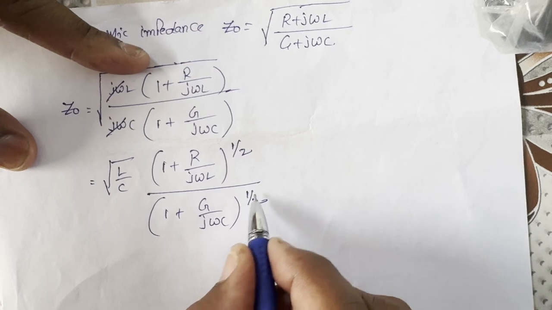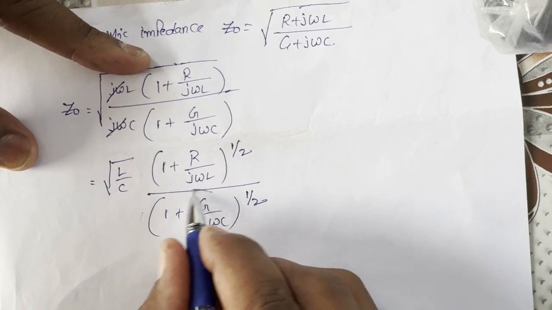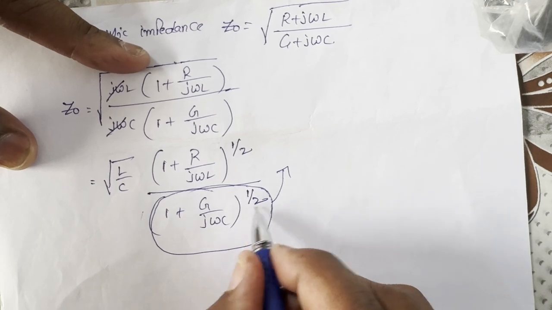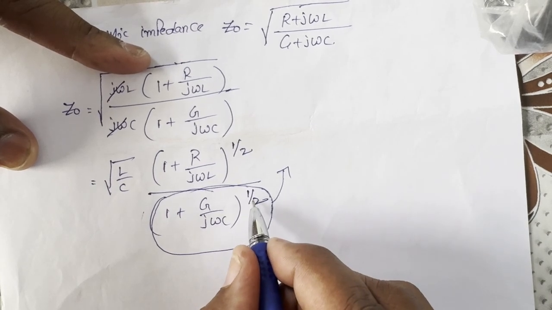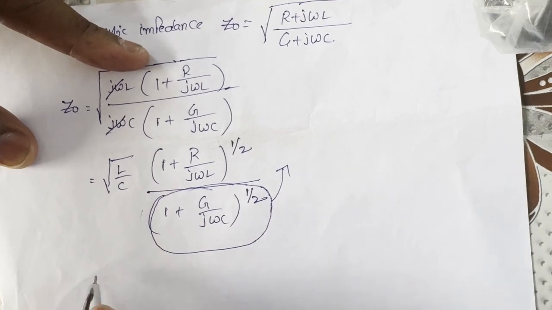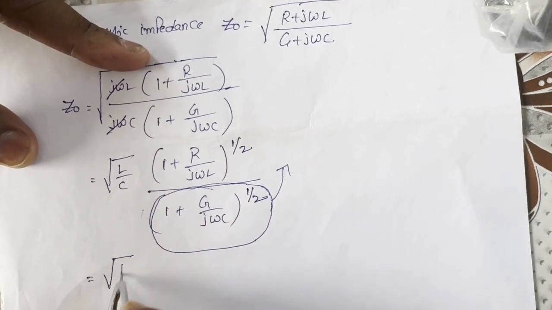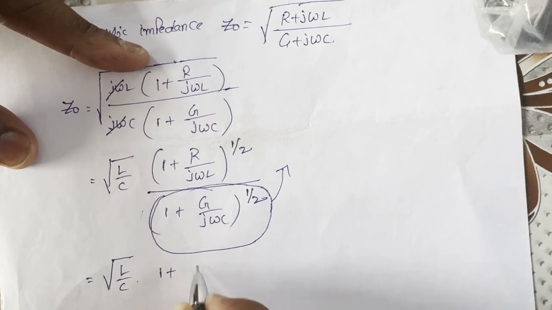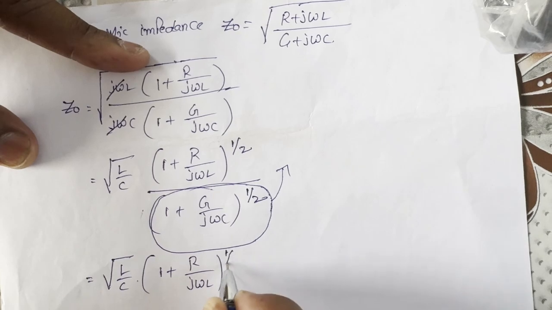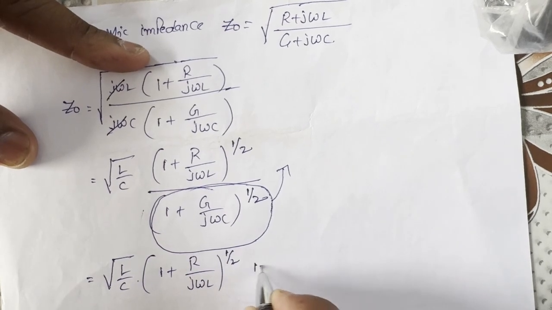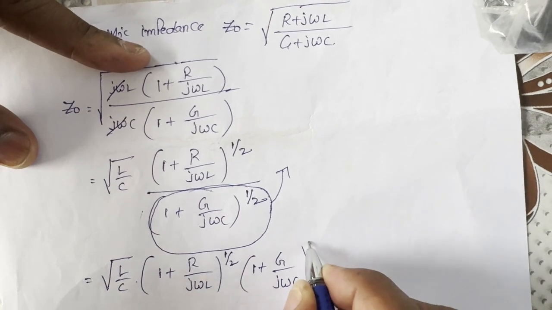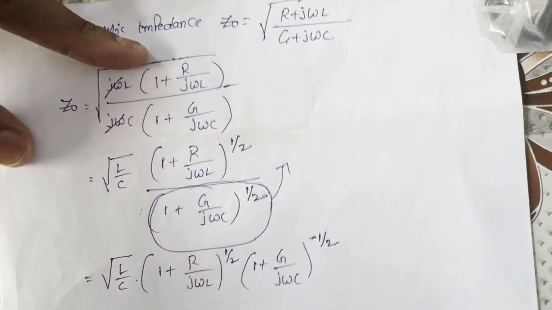Now I am taking this term into the numerator. Then it will become, here it is plus 1 by 2. When it comes to this, it will become minus 1 by 2. Then root L by C into 1 plus R by j omega L to the power 1 by 2, into 1 plus G by j omega C to the power minus 1 by 2.